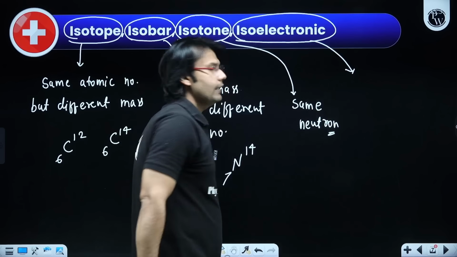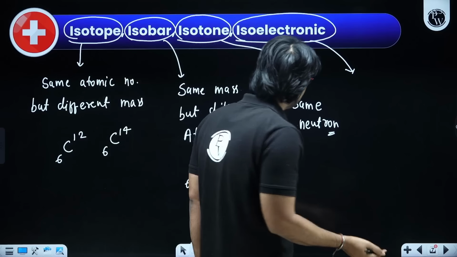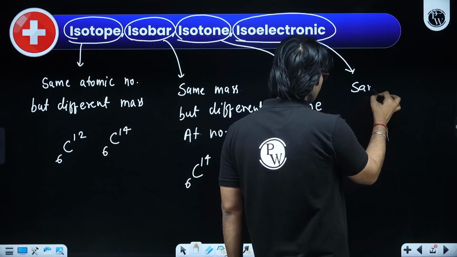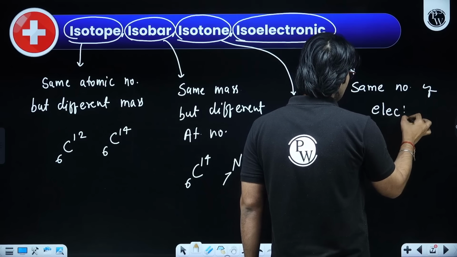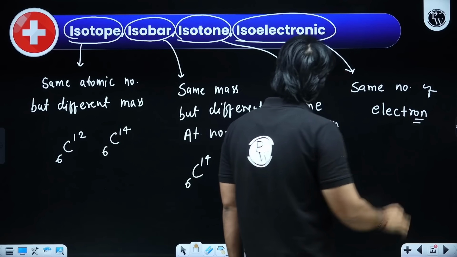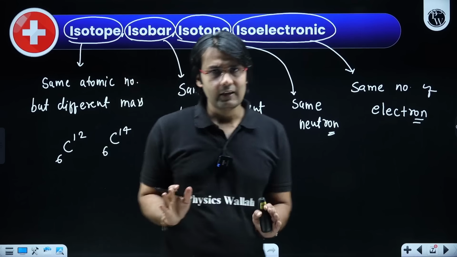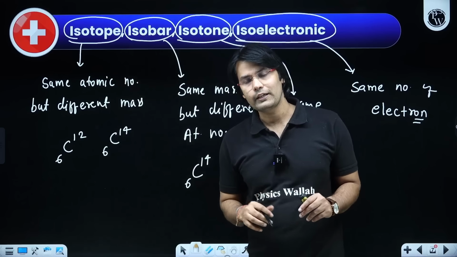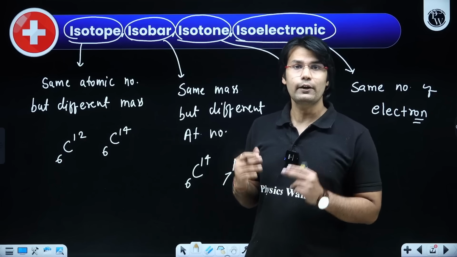Same, and electronic means what? Electron. So those species which have a same number of electrons, they will be called as what? Isoelectronic species. So I hope that you all are clear with these basic terms like what is isotope, what is isobar, what is isotone, and what is isoelectronic.